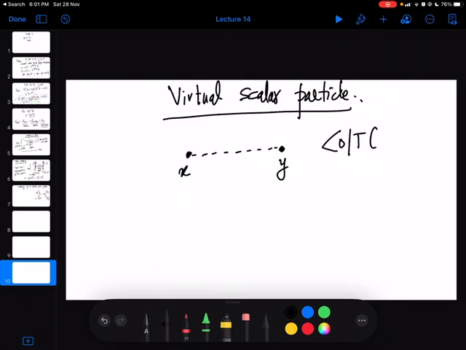Technically this is given by something called a propagator. It is the vacuum expectation value of the time ordered product of phi x phi y.